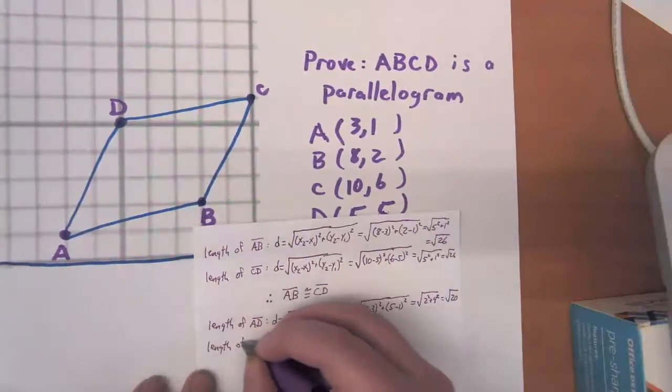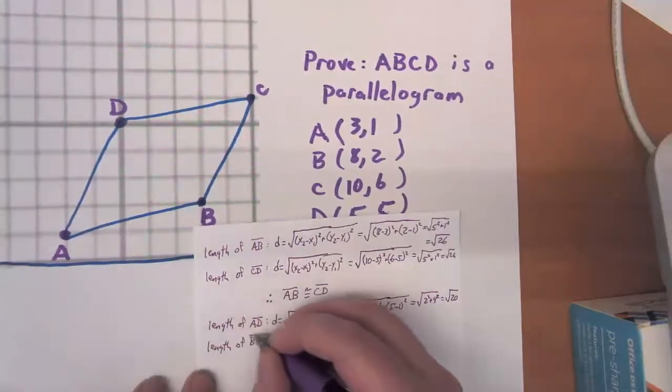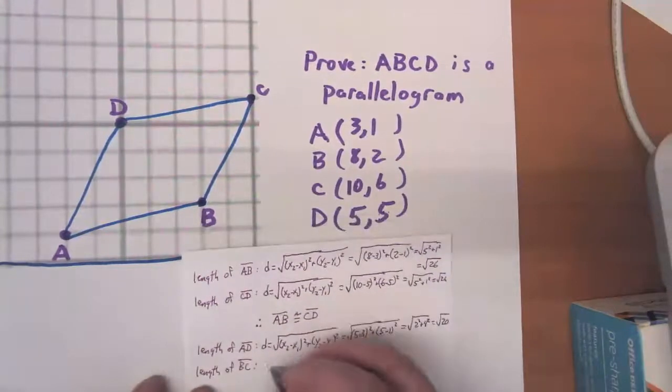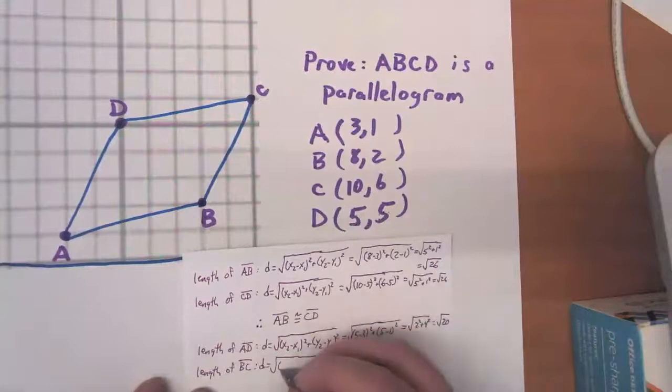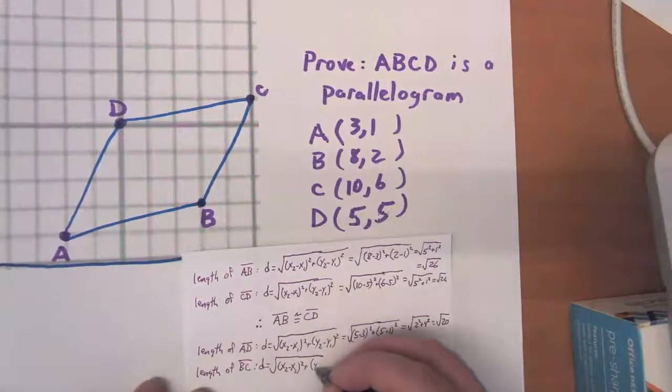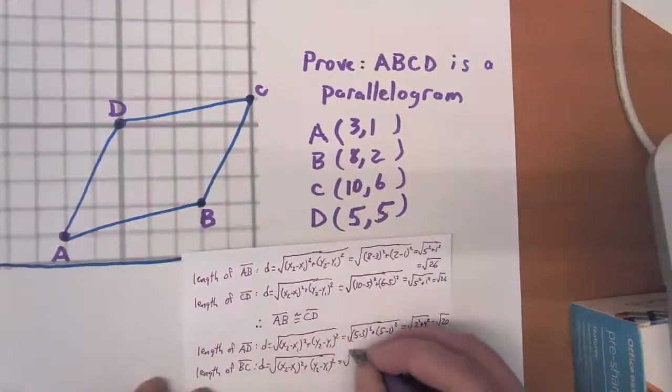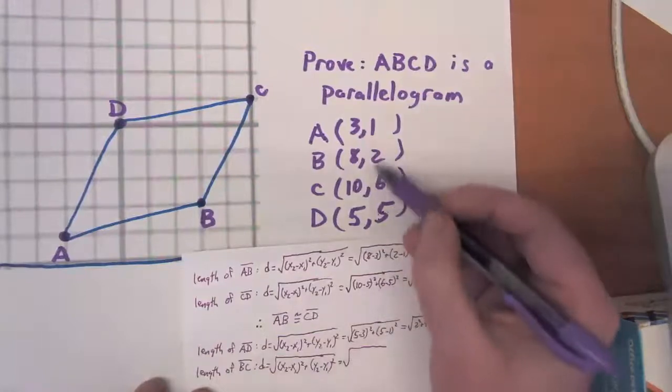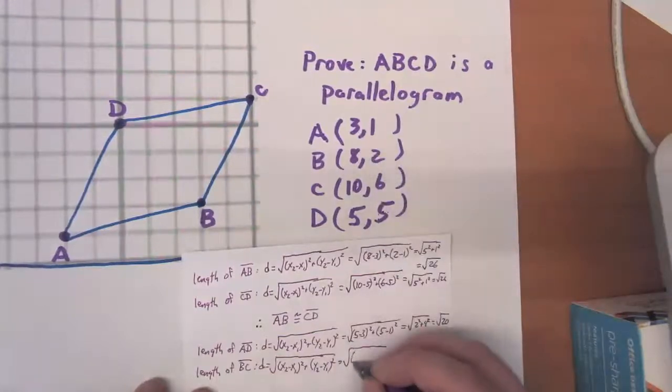And the length of BC, we're going through the same steps. x2 minus x1 squared plus y2 minus y1 squared. This time, between these coordinates, the difference between the x coordinates is 10 minus 8 squared.